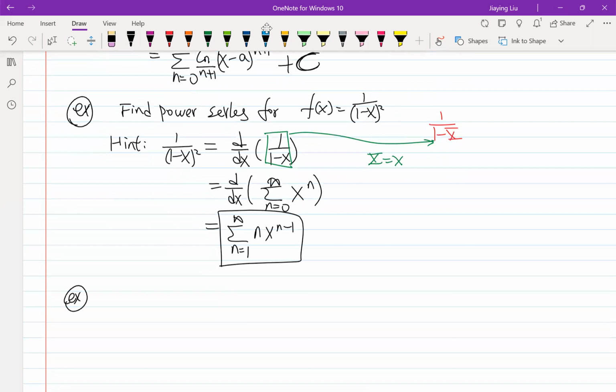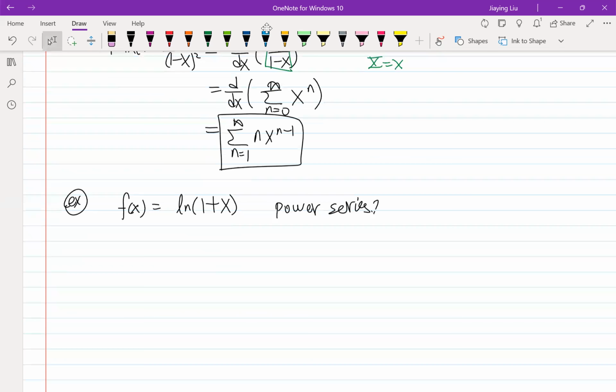So the next example is we have f of x equals natural log of 1 plus x. And we want to know what the power series representation is. When you have a natural log of 1 plus x, it's very difficult to convert it to 1 over 1 minus capital X form and then go from there, right?